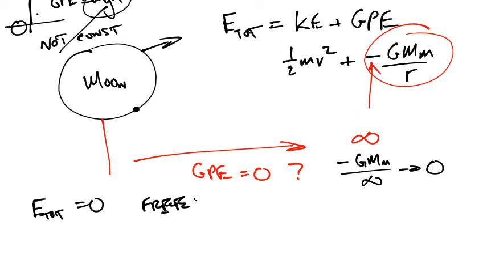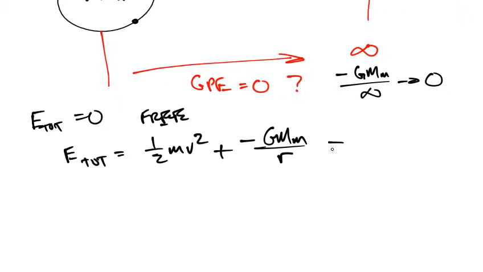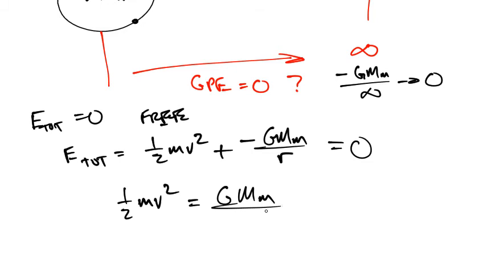All right, so how would we make our total energy equal to 0? Well, our total energy is equal to our kinetic energy, 1/2 mv squared, plus our gravitational potential energy, and that is all going to be 0. So if we want to solve now for v, we can just say 1/2 mv squared is equal to, now the negative becomes a positive on this side of the equal sign, GMm over r.